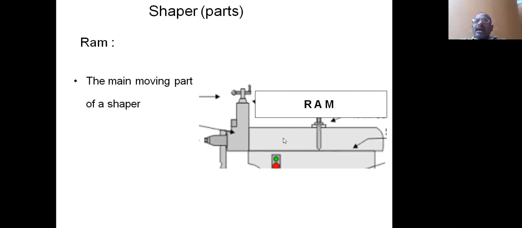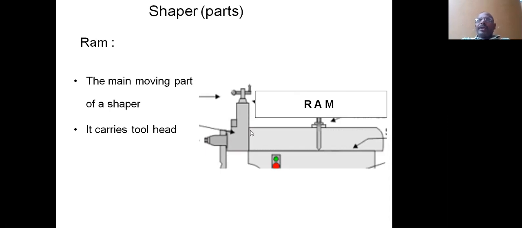That means the purpose of the sliding of the RAM is to carry the tool travel, so the cutting tool or tool holder is attached to the clapper box, and the clapper box is fixed at the free end of the RAM. So that's why the sliding is very, very important for this RAM.